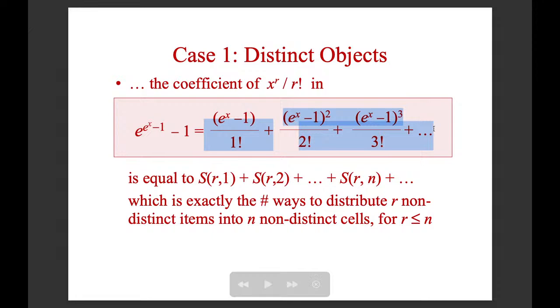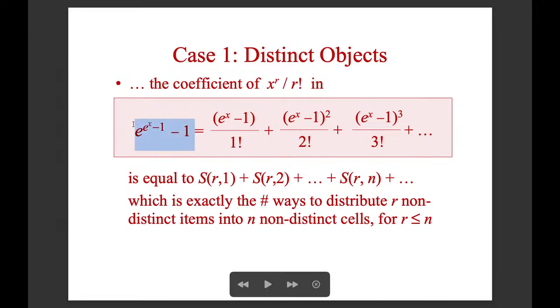So in this particular case, when r is less than or equal to n, we can find the exponential generating function for the counting problem. This exponential generating function can be described by the function e to the power x minus 1, and then this term, the minus 1.